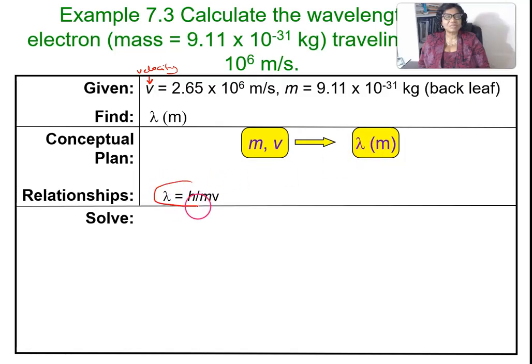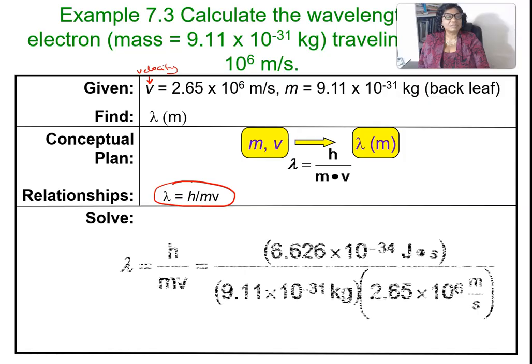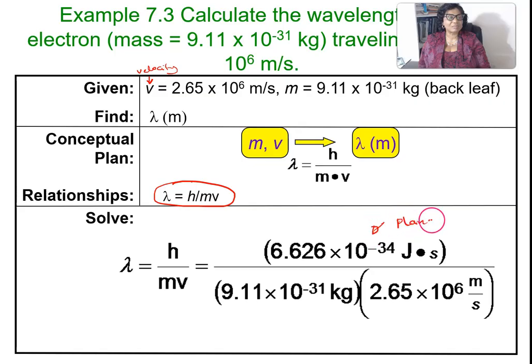So this is our equation. When we substitute, this is our Planck's constant, in joule-seconds. Then this is the mass, and this is the velocity, not frequency.